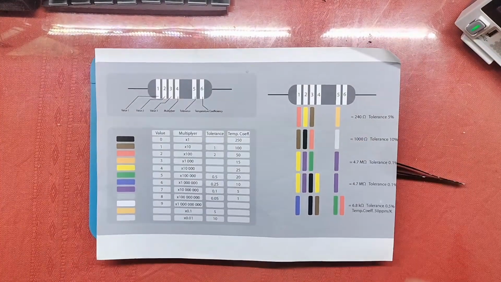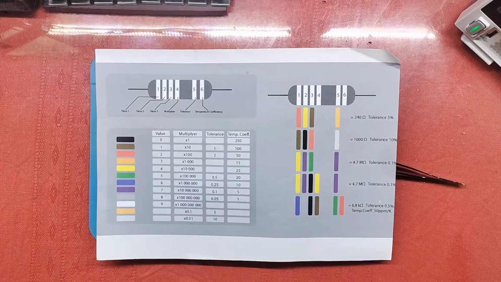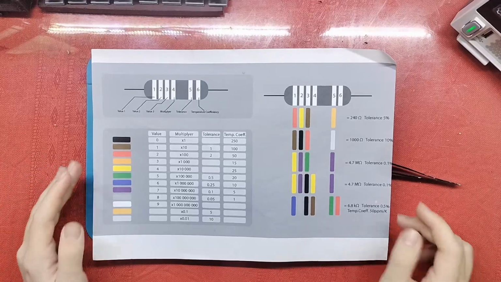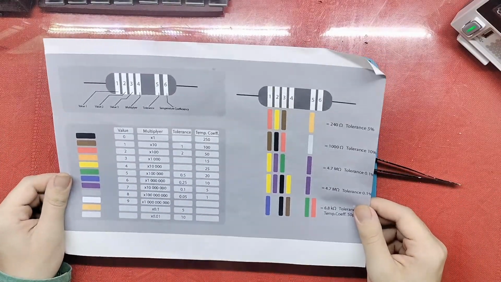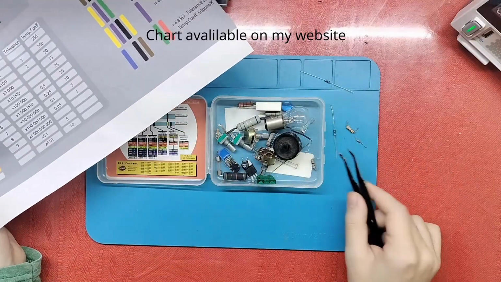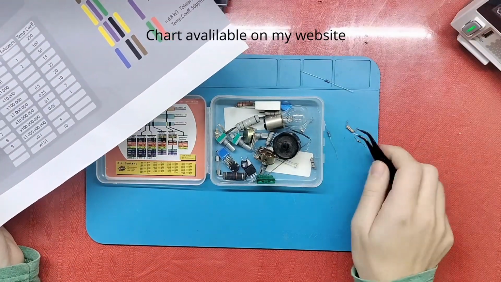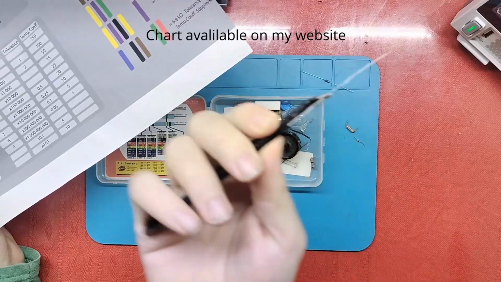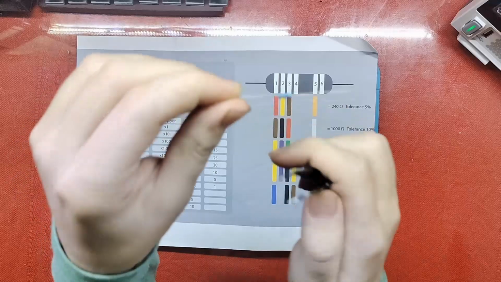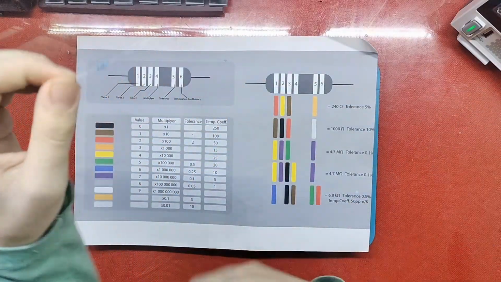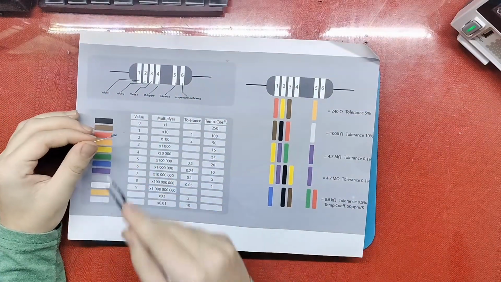Well, my printer decided to cut off the sides, but you know, this is a resistor chart. This is how you can find out the values of this type of resistor. You see there are colored bands on it, and each color means a certain value.